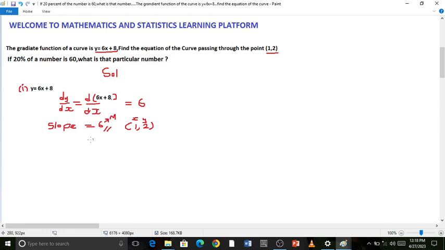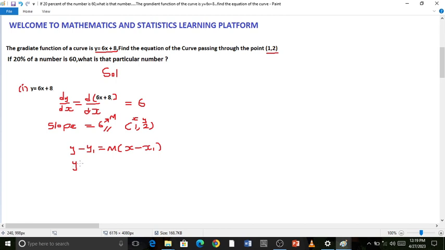We can just use the linear general equation, which is y minus y1 is equal to m times x minus x1. We substitute the gradient that we have calculated for m.